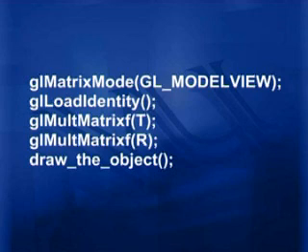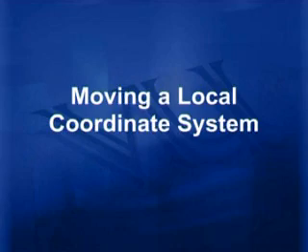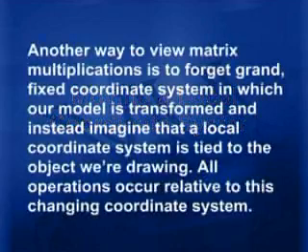Let's discuss a slightly different idea, that of moving a local coordinate system. Another way to view matrix multiplications is to forget the grand fixed coordinate system in which our model is transformed, and instead imagine that a local coordinate system is tied to the object that we are drawing. All the operations occur relative to this changing coordinate system.